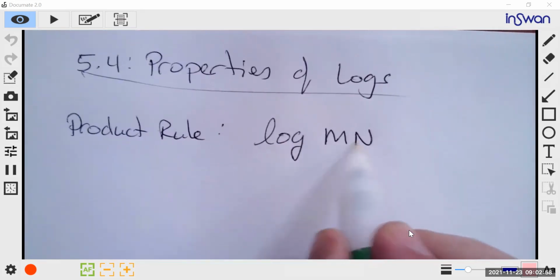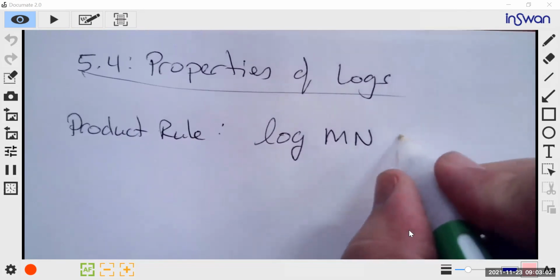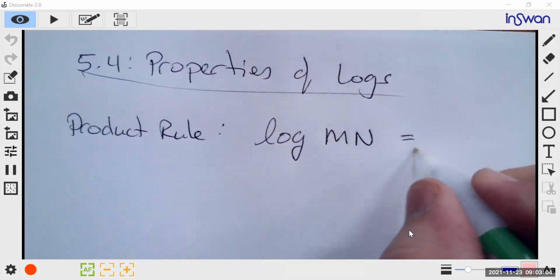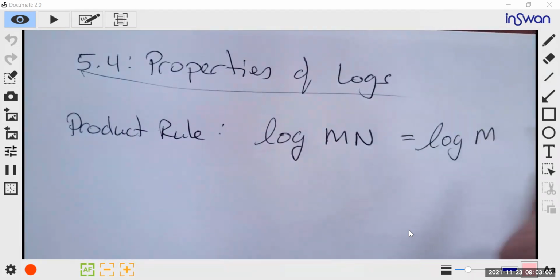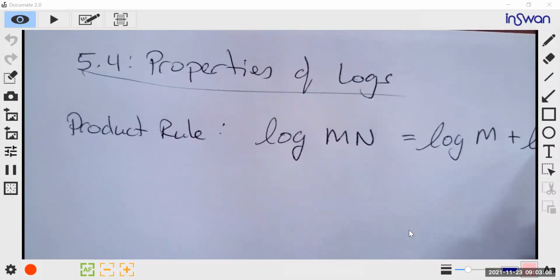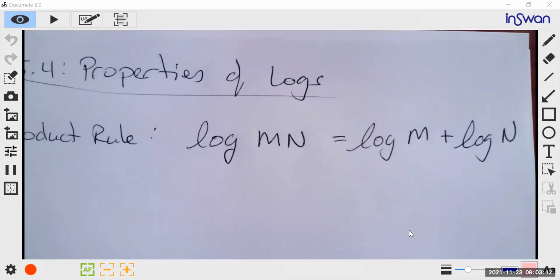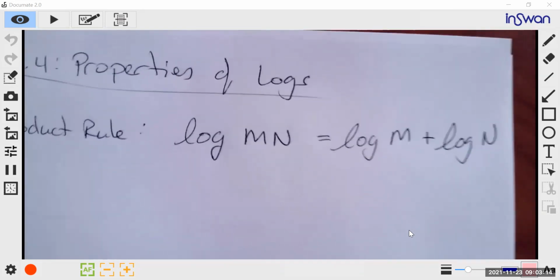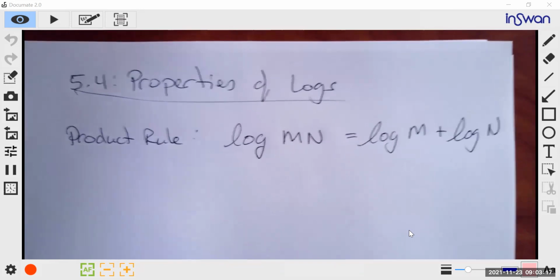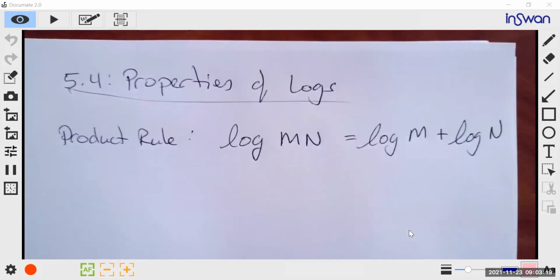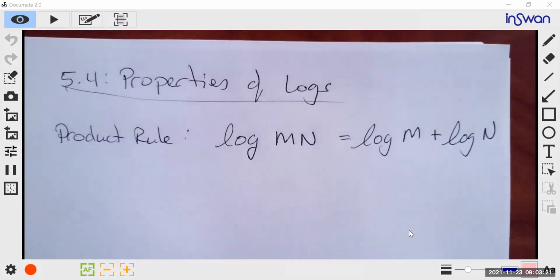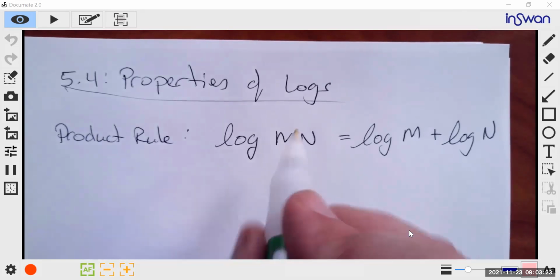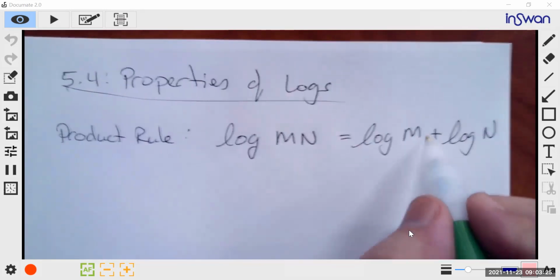The log of a product of multiple elements, no matter how many you have, whenever you multiply them, you can split them up by putting a plus between them. Because when you multiply, it makes things bigger. That's why we add them.